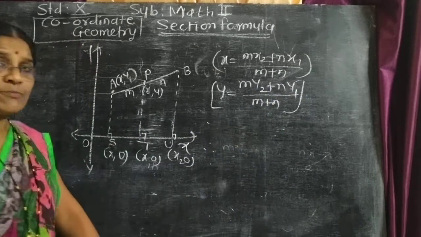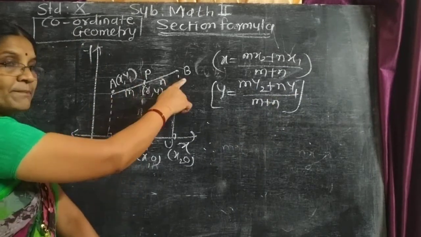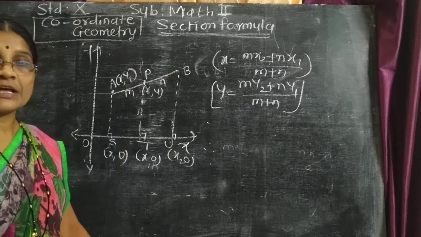This is the section formula where point P divides segment AB in the ratio m:n.